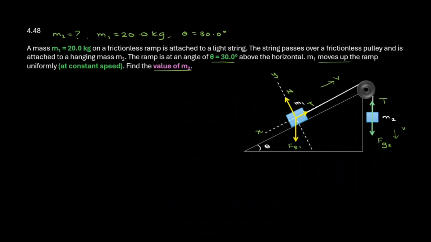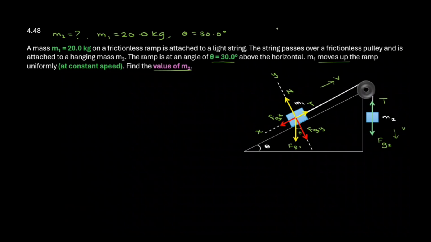So we have to split this force into components. One component that goes along x-axis, we call this Fg1x. And the other component that goes along the y-axis, which we call Fg1y. The y component of gravity makes an angle theta with it, which is the same angle as the angle of incline.